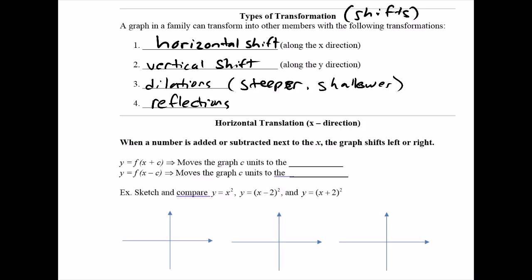So starting off, we're going to talk about horizontal translations, horizontal shifts, x direction. What I want you to do: parent graph, x squared, we know this from before.